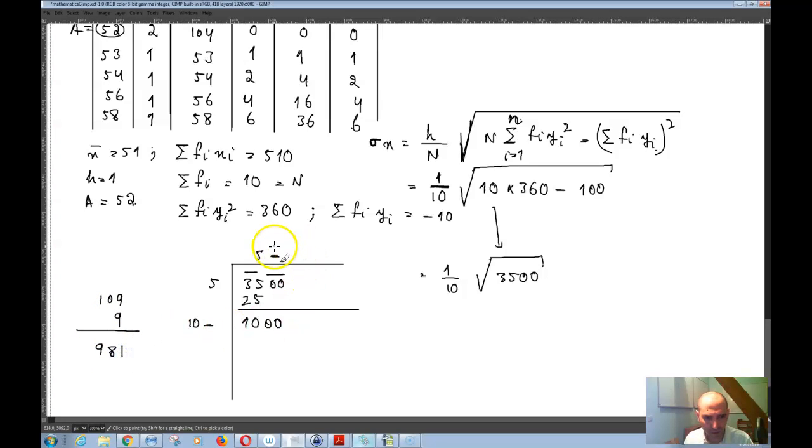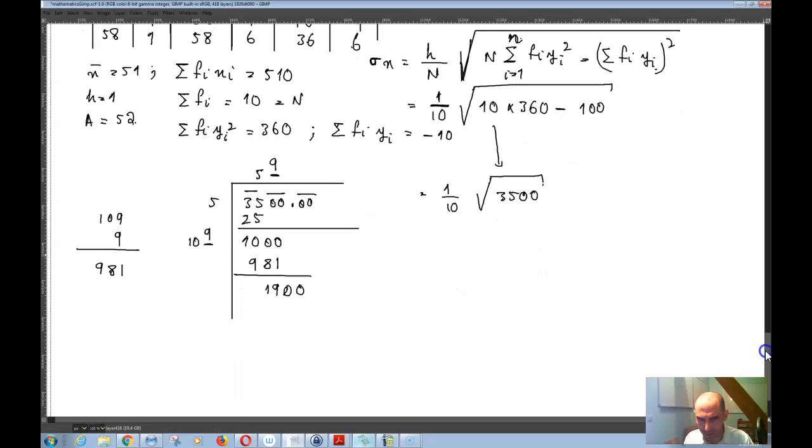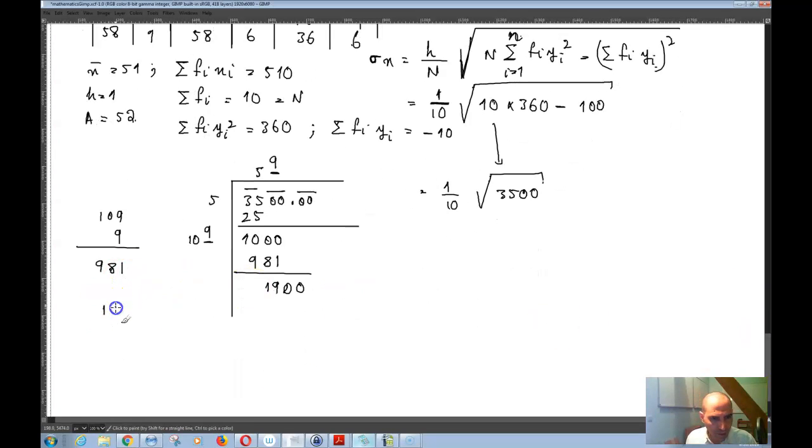If you subtract, you will get 0. 109 plus 9 is equal to 118.